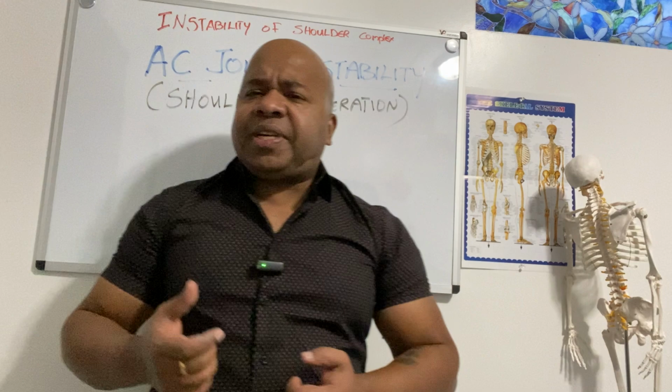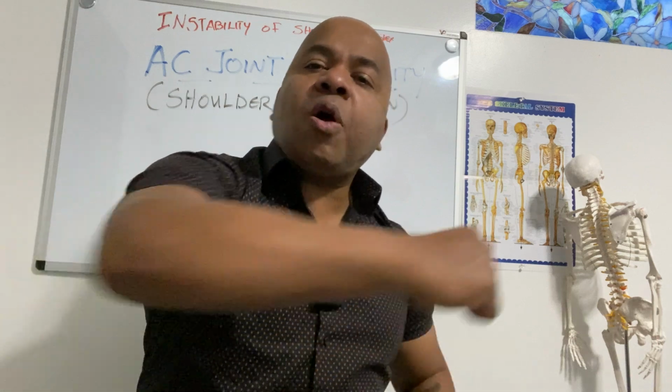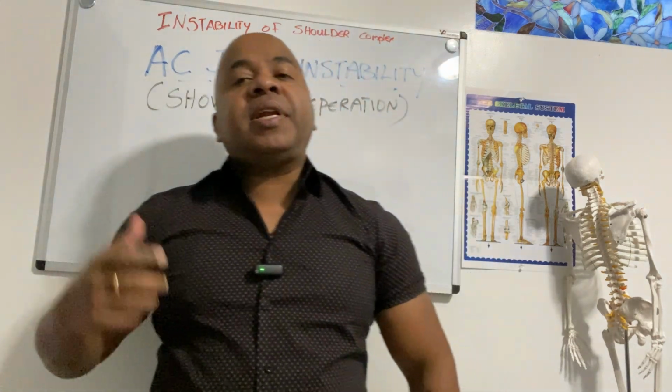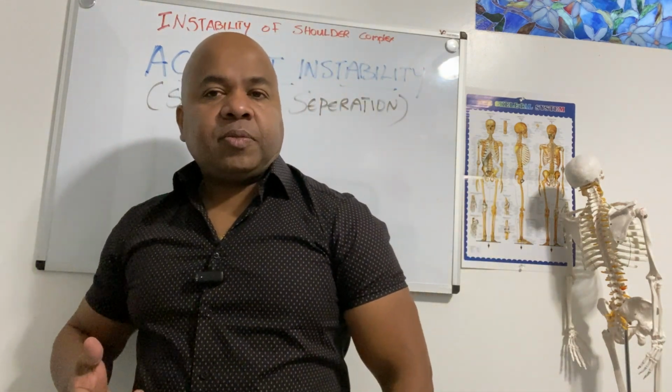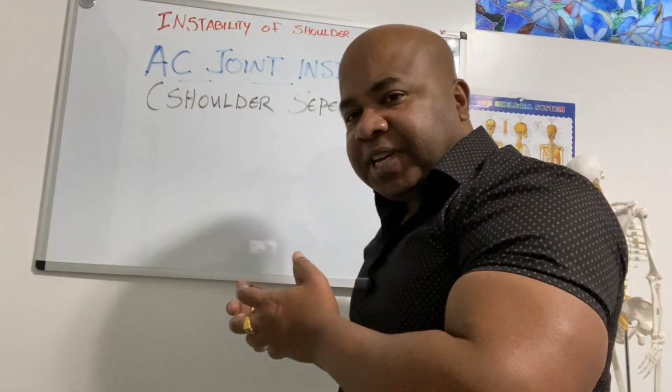And the other test, a simple test, is to ask the patient to do cross body adduction, or horizontal adduction, or transverse adduction. The patient complains of pain. Then the other test is the acromioclavicular compression test. The patient is in a sitting position, and the therapist should stand on the affected side.